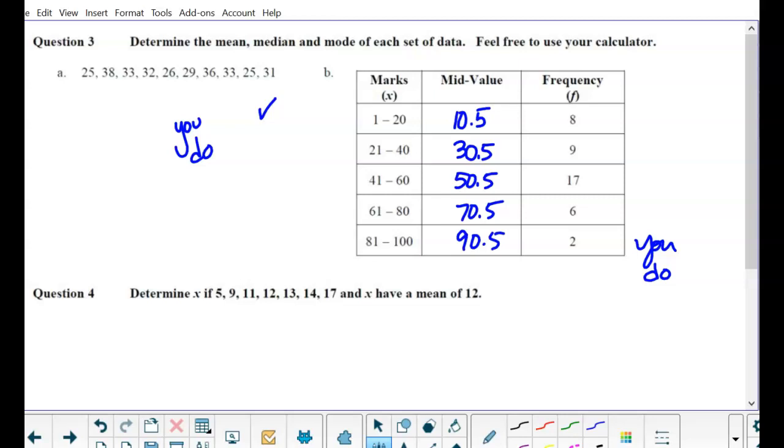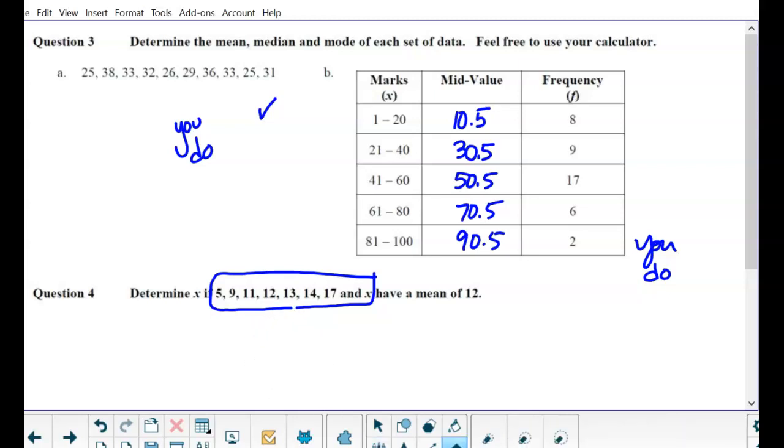So then question 4, determine x if this set of data has a mean of 12. So remember what the mean is. You add these up, okay? So add these, divide by 12, and so actually it looks like this, I guess.